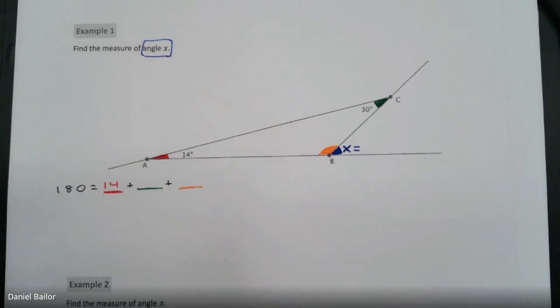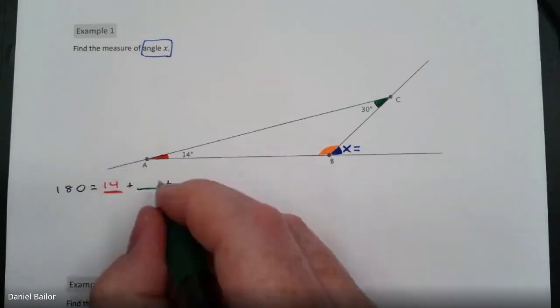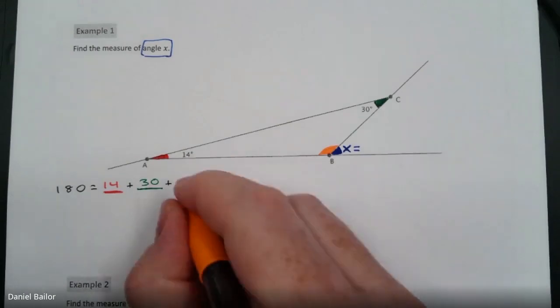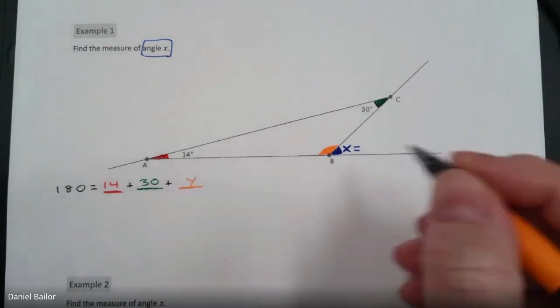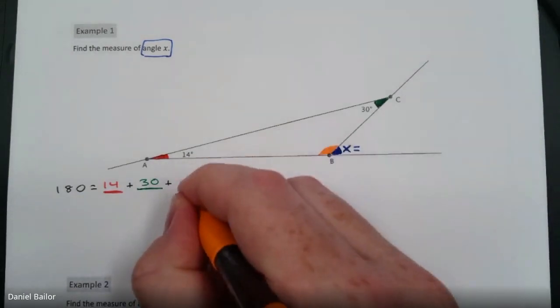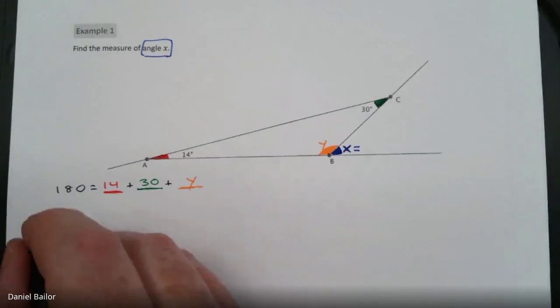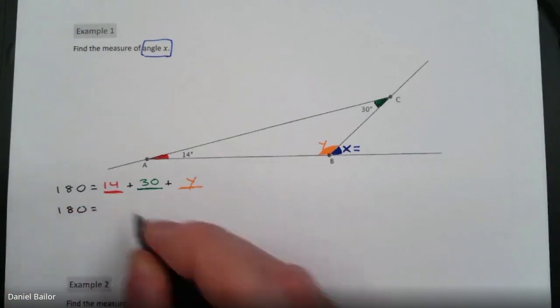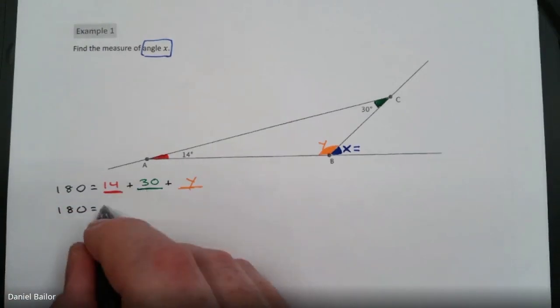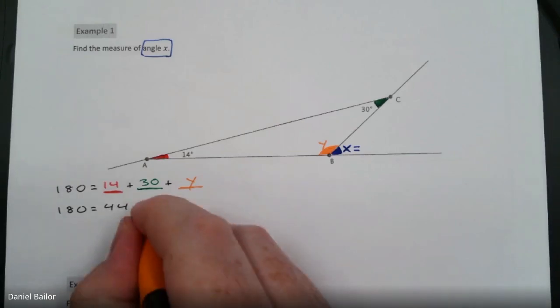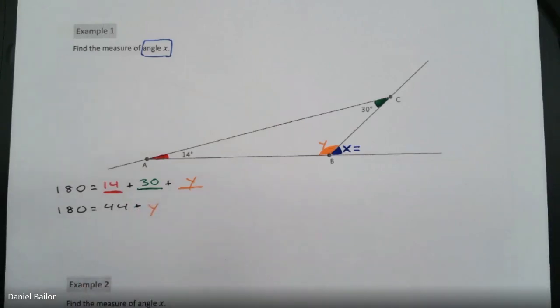So I know that 14 plus the 30 plus y, because we don't know it, the orange, is going to be 180. So now it just comes to simple algebra. 180 equals 14 plus 30, which is 44. So now we have 44 plus y equals 180.